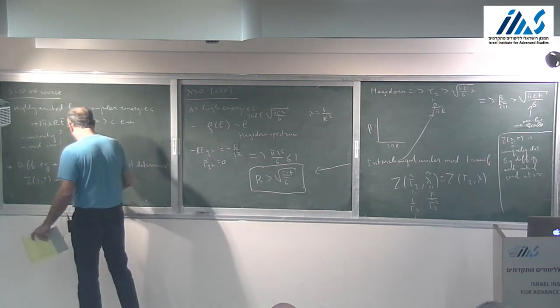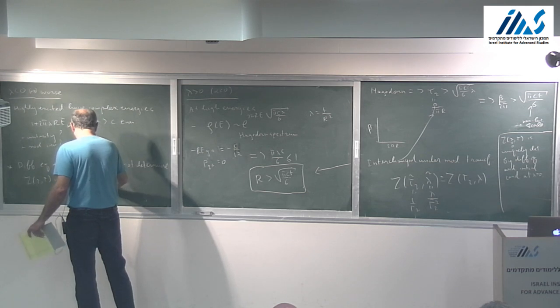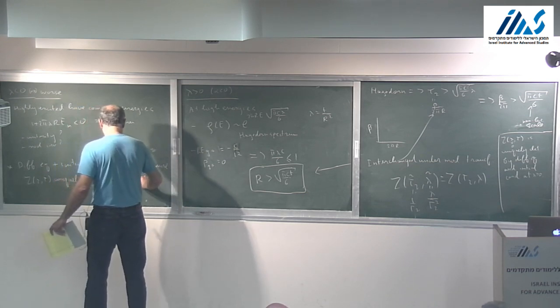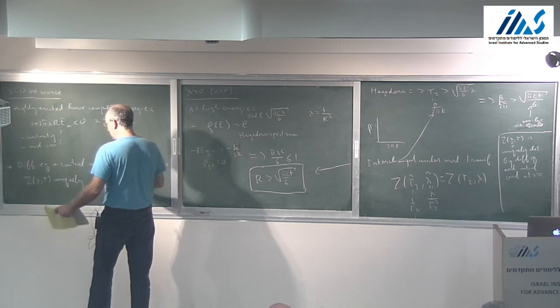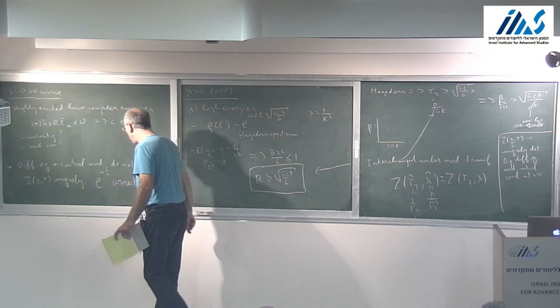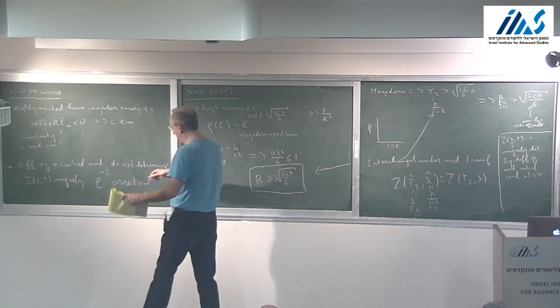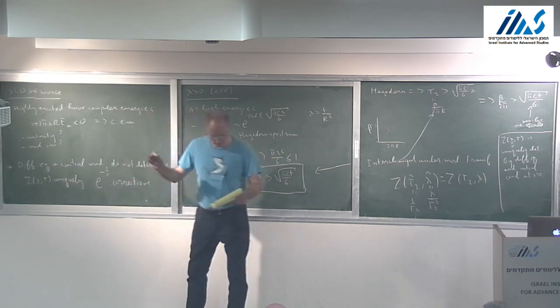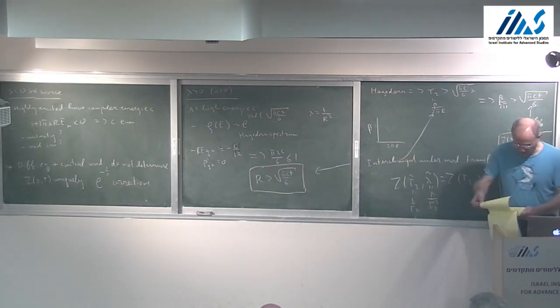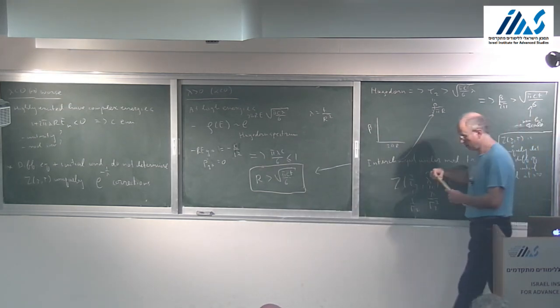In particular, there are e to the minus 1 over lambda corrections to z. So the solution has these kinds of ambiguities that we studied quite a bit, but I don't have time to talk about them. You can read about them in the paper.